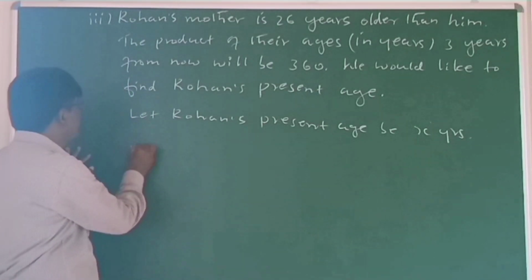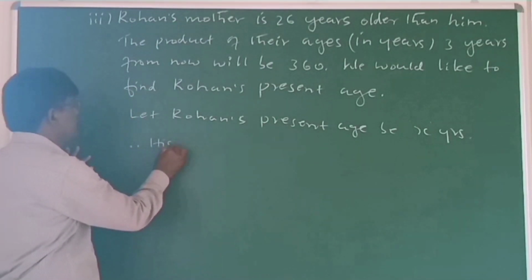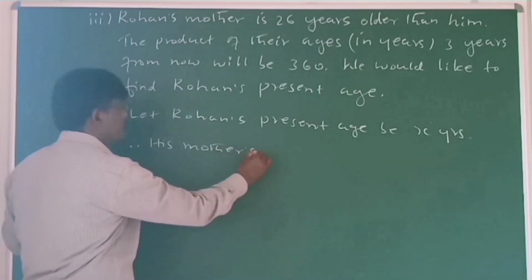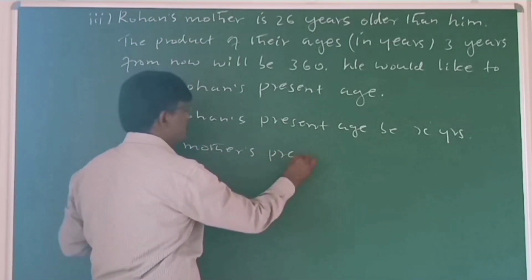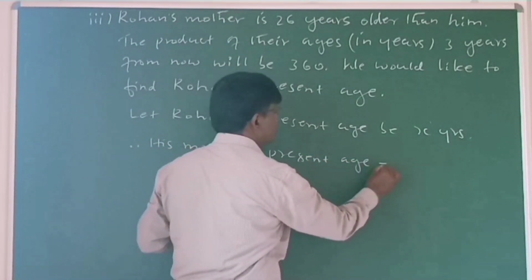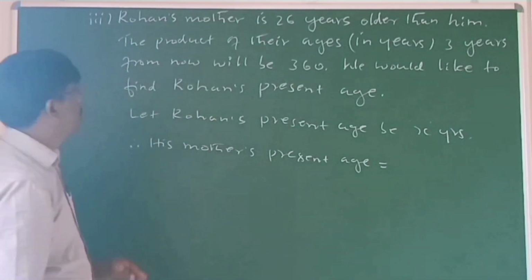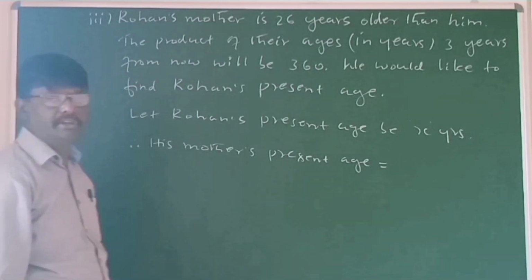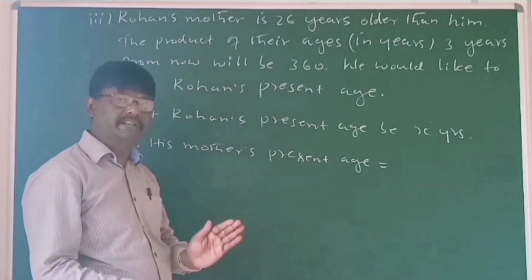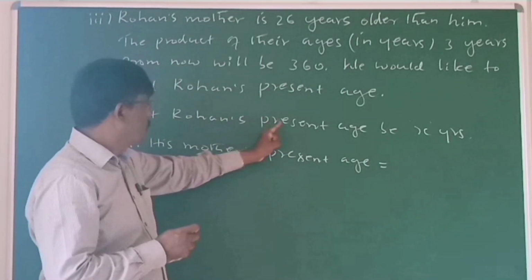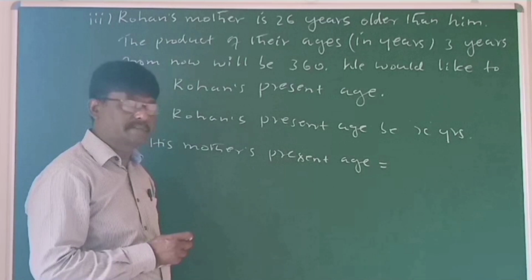Therefore, his mother's present age will be equal to what? Rohan's mother is 26 years older than him. At present, what is Rohan's present age? x years.